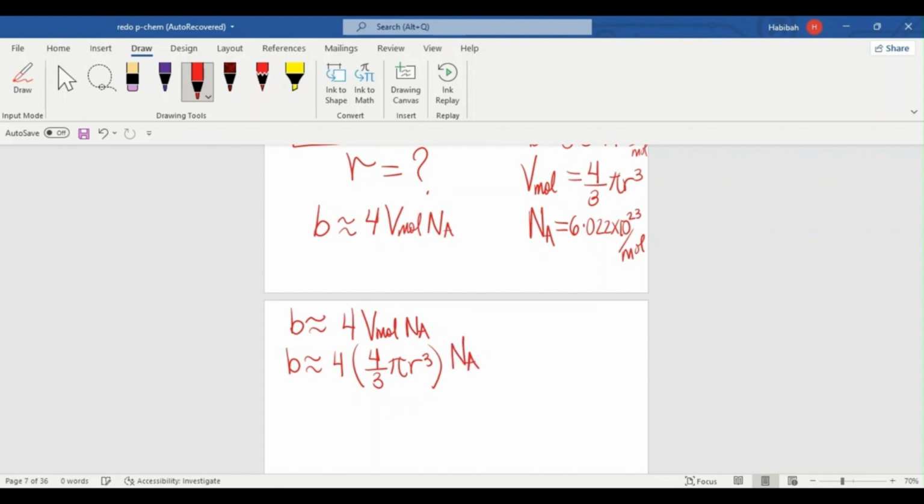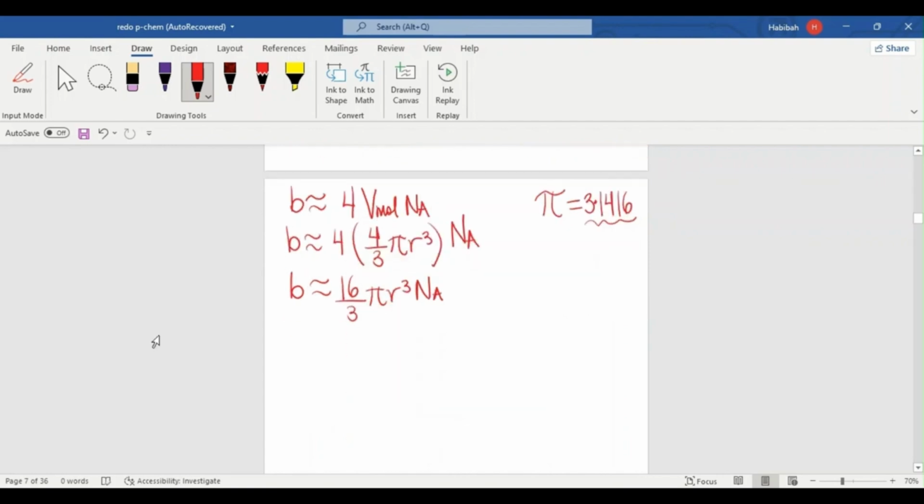I want to quickly mention this before we move further. Note that this pi is just the value for pi that we know, which is 3.1416 or 3.142. I'm going to be using the more raw value, so that's 3.1416. We're just going to rewrite this equation. So that will be B equals 16 over 3 pi r cube Na.